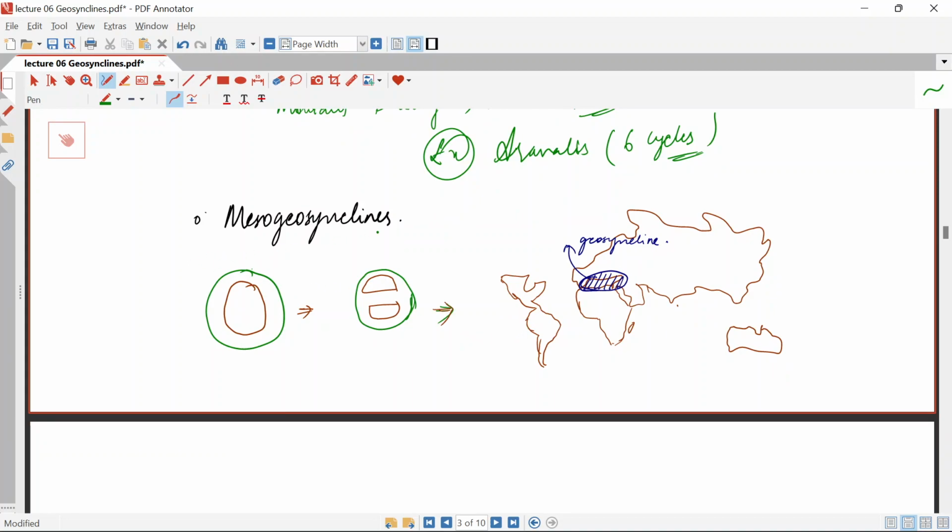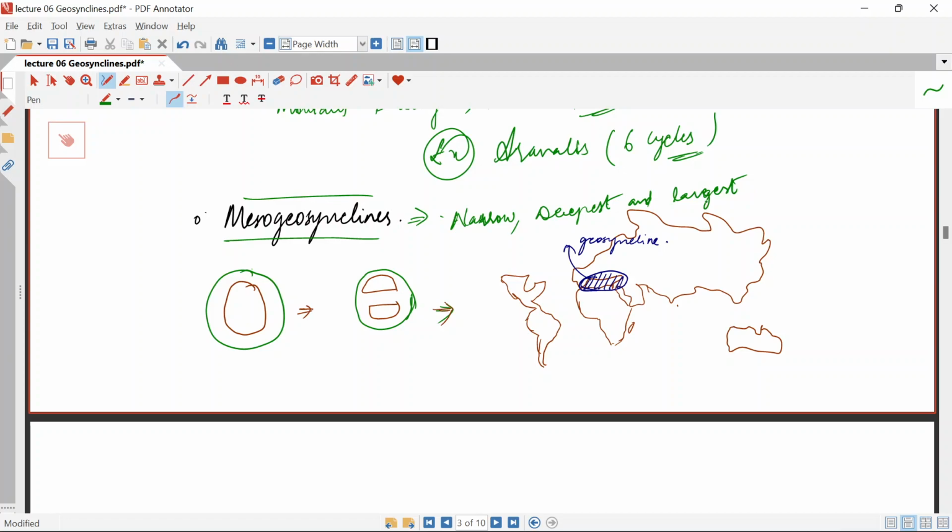Mesogeosyncline is the deepest and the largest. Mesogeosynclines are narrow, deepest, and largest.